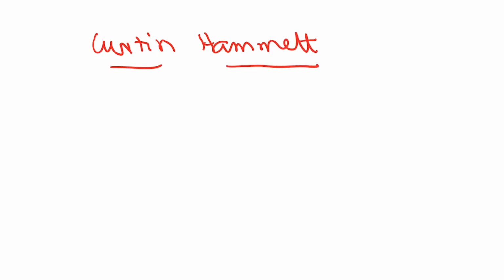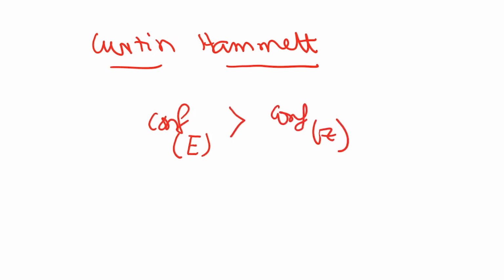So the Curtin-Hammett principle basically says that when you have a reaction with multiple conformations in play, the more reactive conformation is going to produce the major product. Okay, so that means that the more reactive conformation, which is going to give E, is more reactive than the conformation that is going to give you the Z product, and therefore you get the E product as the major product.